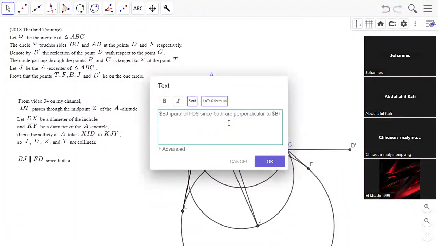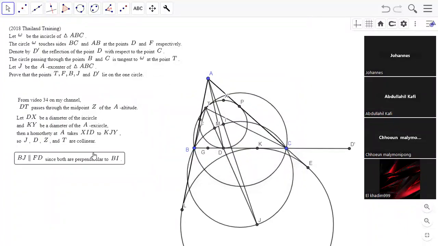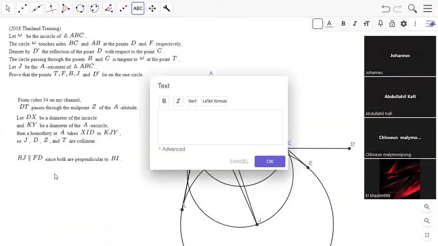And now that's where we do that first angle chase, which isn't too hard. So angle TFA is TDF is TJB. TDF, was that right?